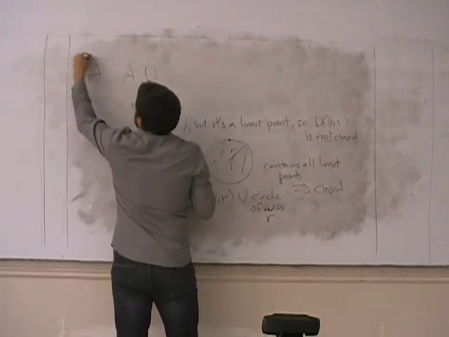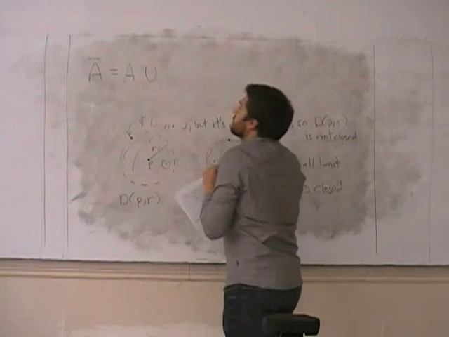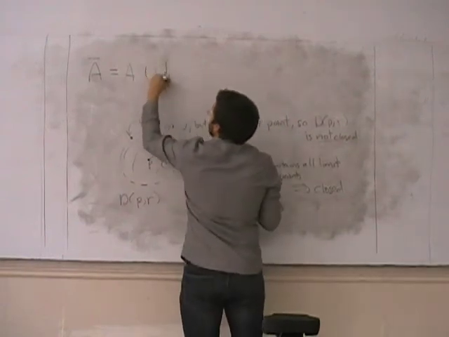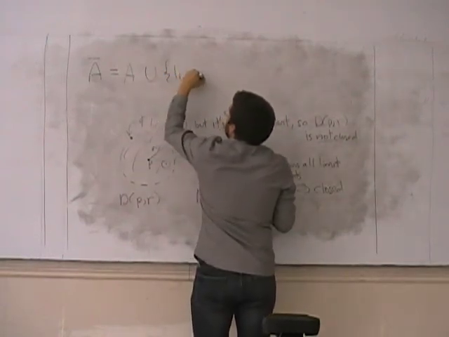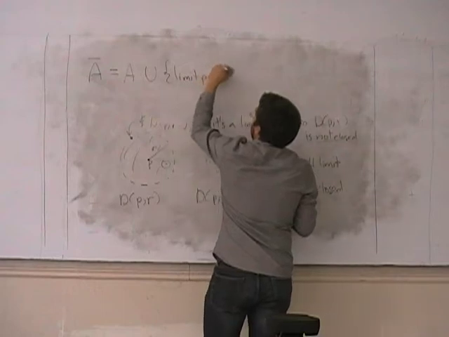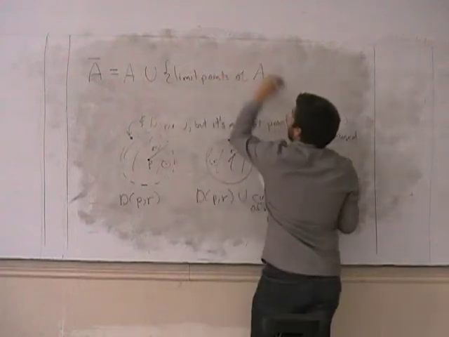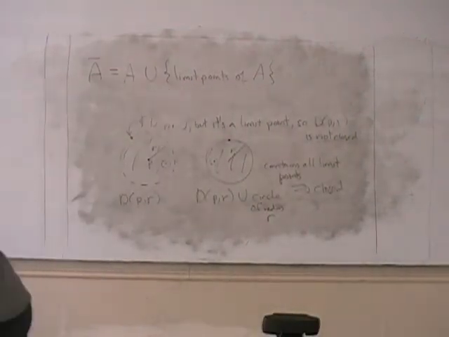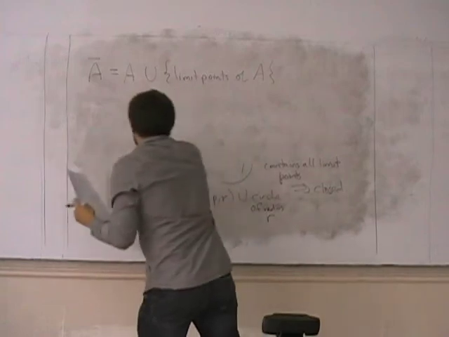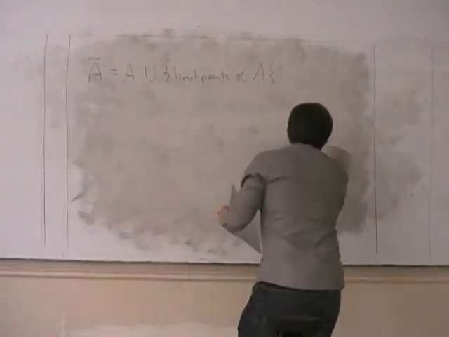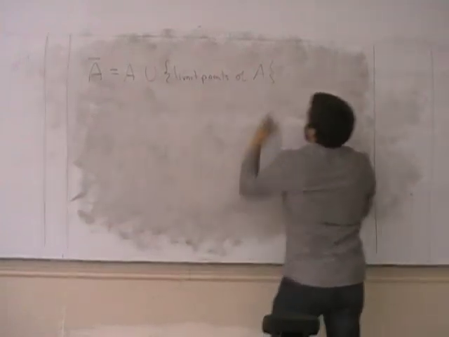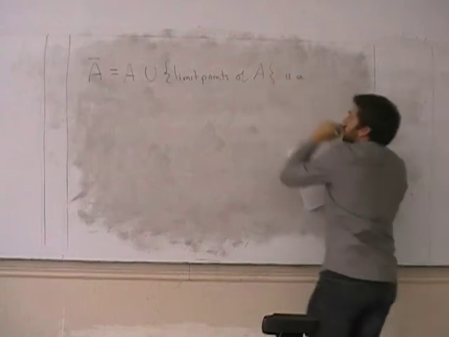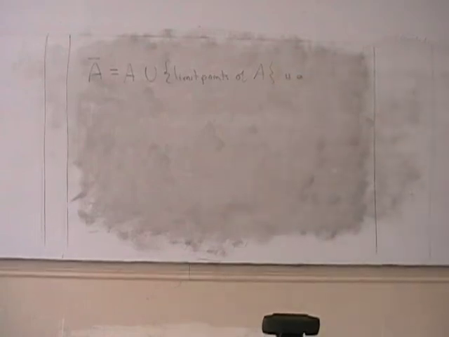So this set is usually denoted by A with a line over it: A union the set of all limit points of A. So if you do that, will it now be closed? Well, there's something to check, but it will.